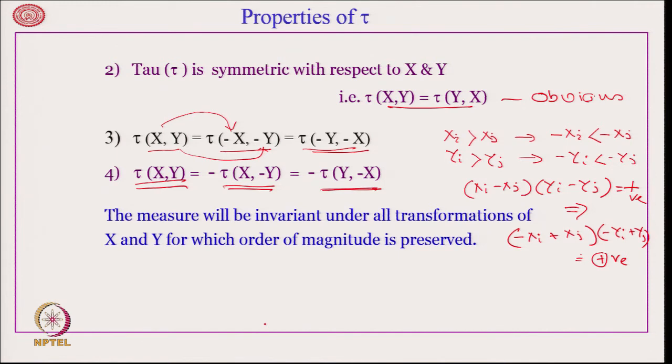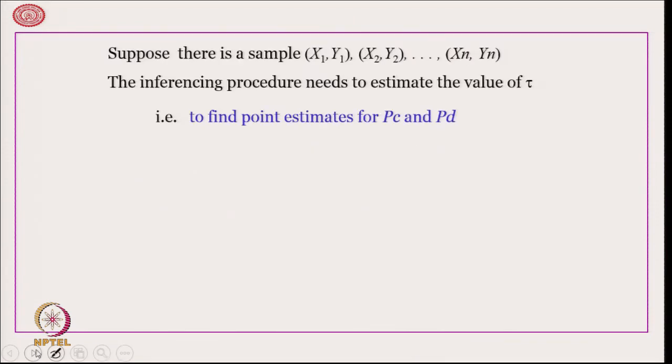In other words, the measure will be invariant under all transformations of x and y for which order of magnitude is preserved, because we are not looking at the exact value, we are looking at whether it is positive or negative. Therefore, if the relative orders are preserved, then there is no change in the value of Kendall's tau.